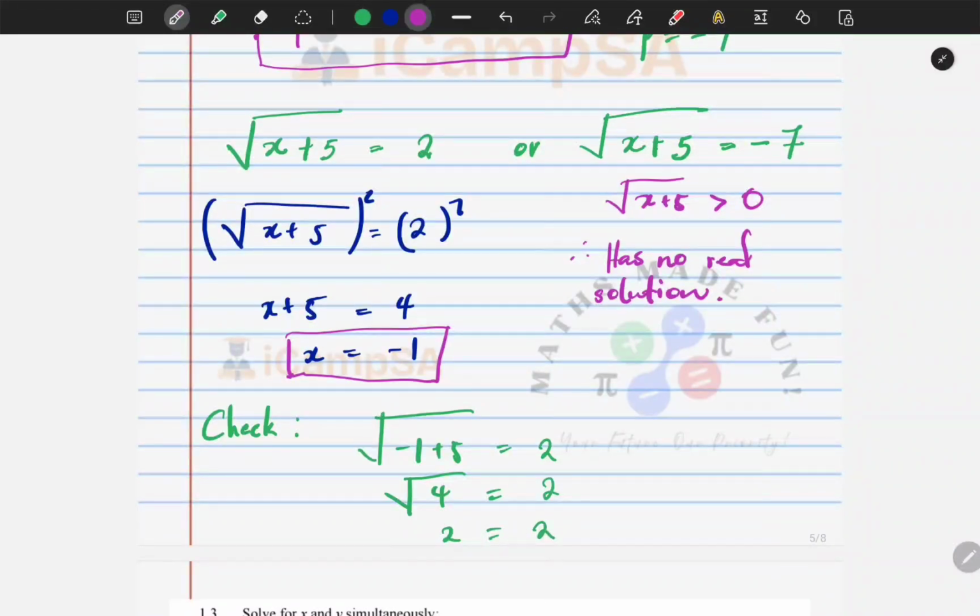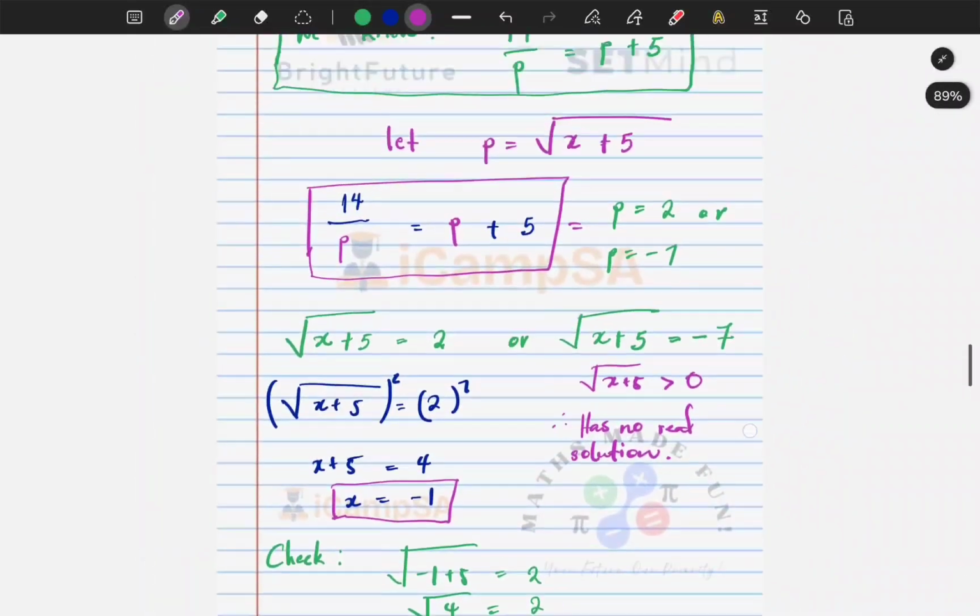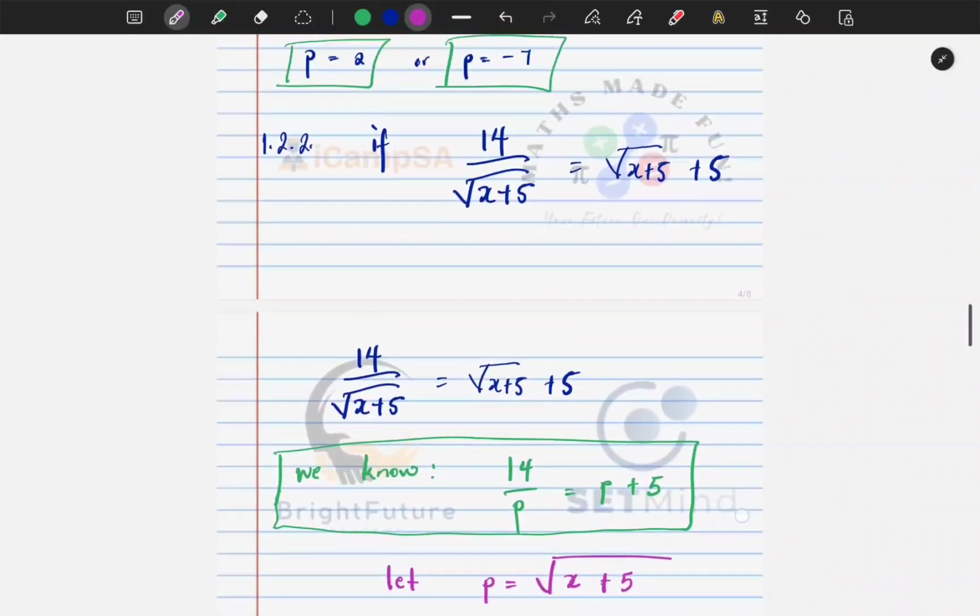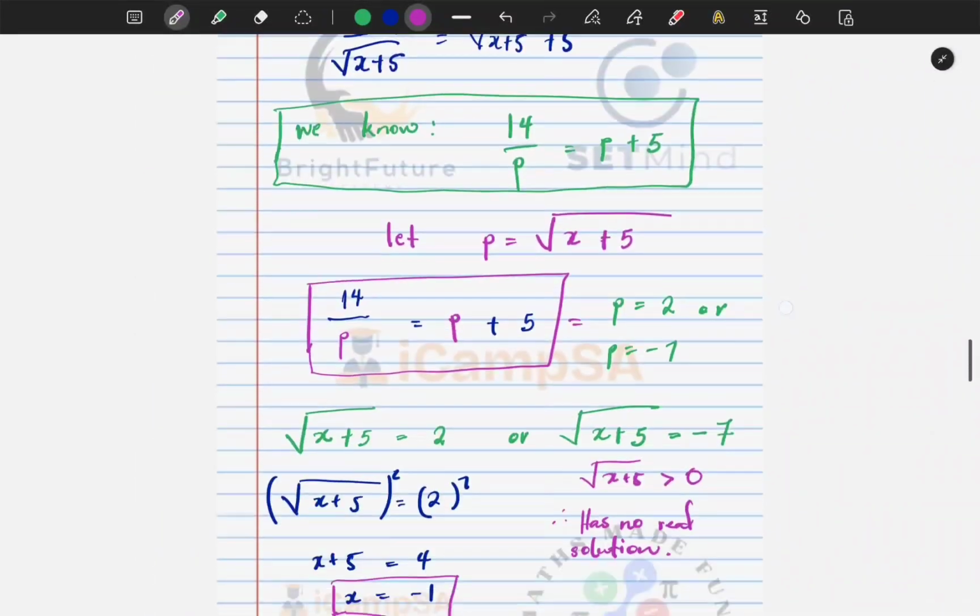So this means it's an acceptable solution. This is how we solve this question.